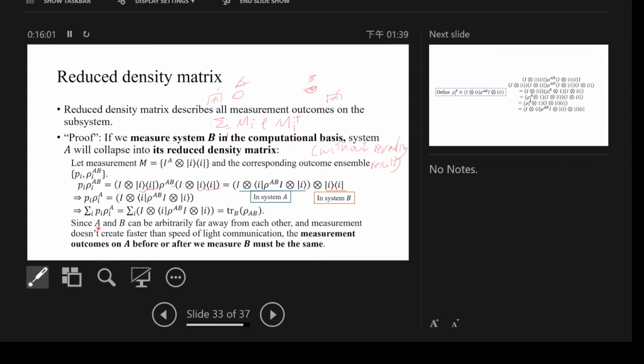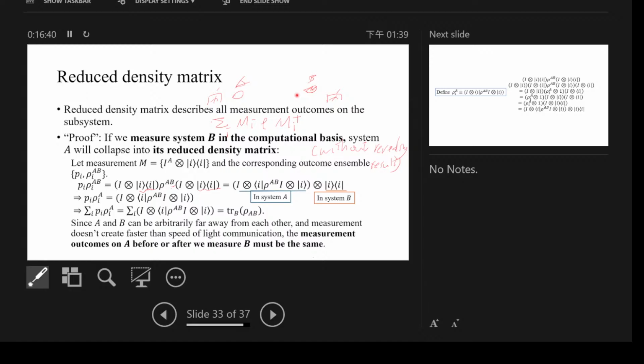Here we use a physical argument, which you can prove more rigorously with our quantum mechanics formulation. Another property of reduced density matrix is that if you do anything on system B, it should not change the reduced density matrix on system A, because that would allow faster than speed of light communication. So we think the measurement outcome on system A is the same whether or not you do computational basis measurement on system B.